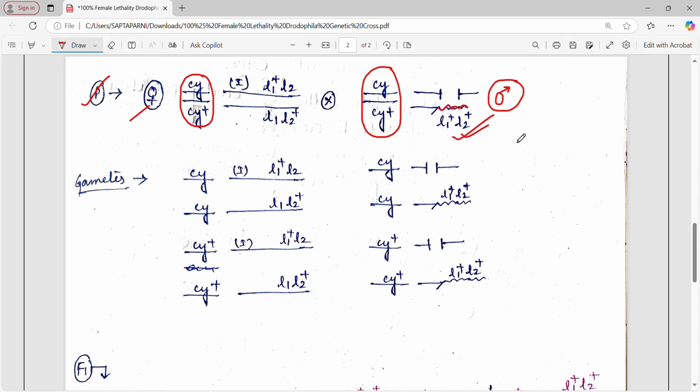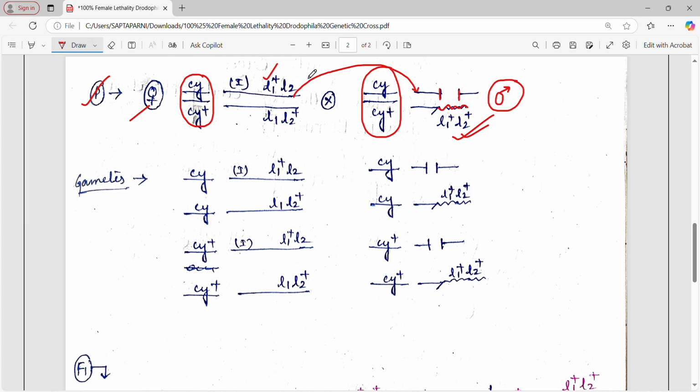See here, I have cut the L1 plus L2 plus alleles from the X chromosome and translocated them onto the Y chromosome, so the father remains viable, and when the F1 progeny females are formed, they will be lethal. When this X chromosome of the mother combines with this X chromosome of the father, it will get only the product of L1 plus, but the product of L2 plus will not be there.